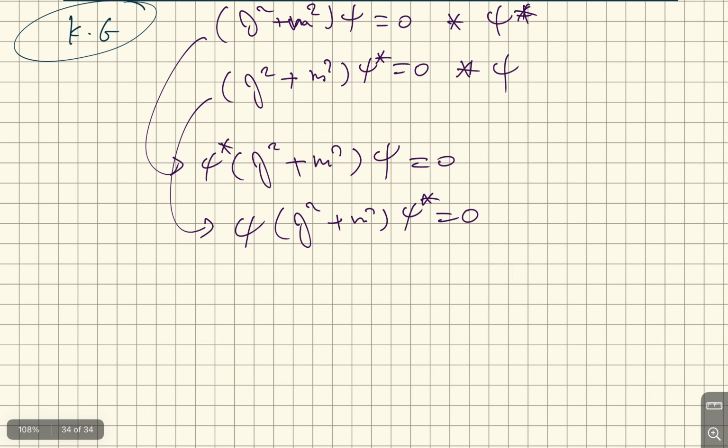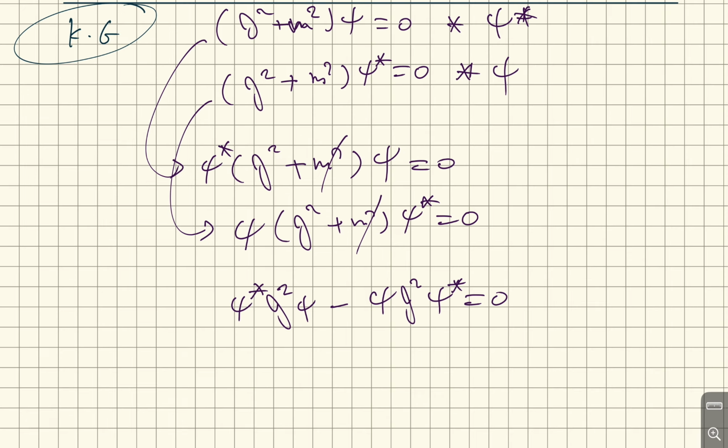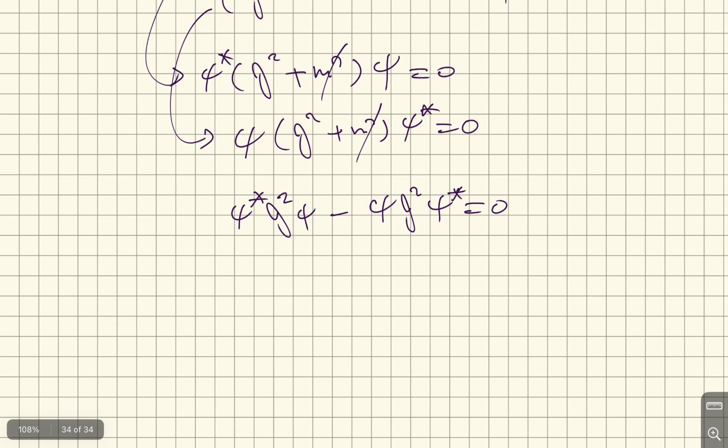Now let's subtract. We can cancel the m. What we end up with is psi conjugate partial square psi minus psi partial square psi conjugate equals 0, and this is the total divergence, right? So we expand.